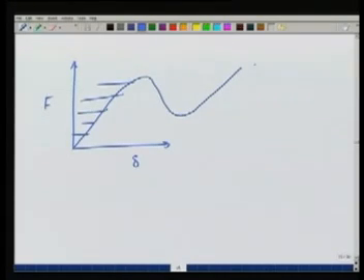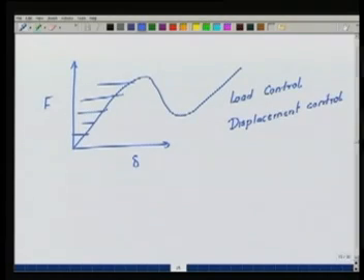So the generic approach is called the load control approach. Now if I have this kind of a situation, I'll have to go to a displacement control approach. Which means that at this point I cannot really go beyond this point with my load control approach, because here the tangent stiffness matrix will become singular.